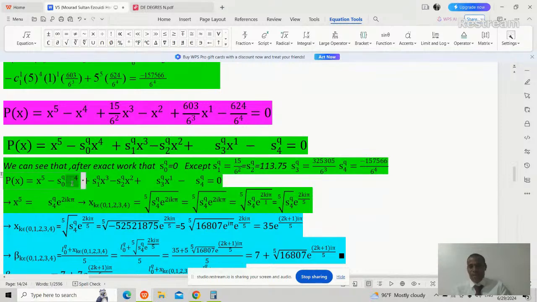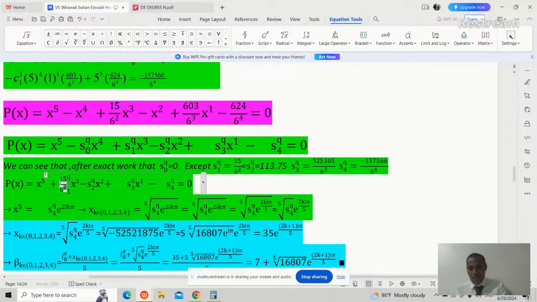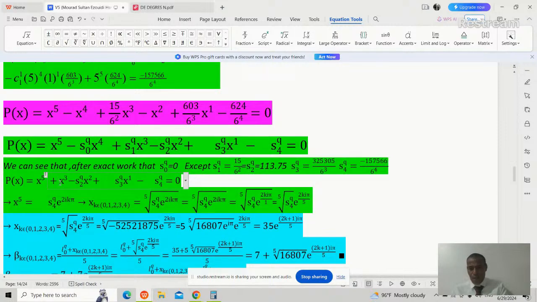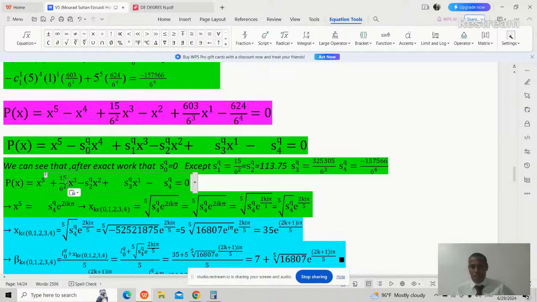Plus S1, which is 15 divided by 36. Then minus S2, which is 113.75.